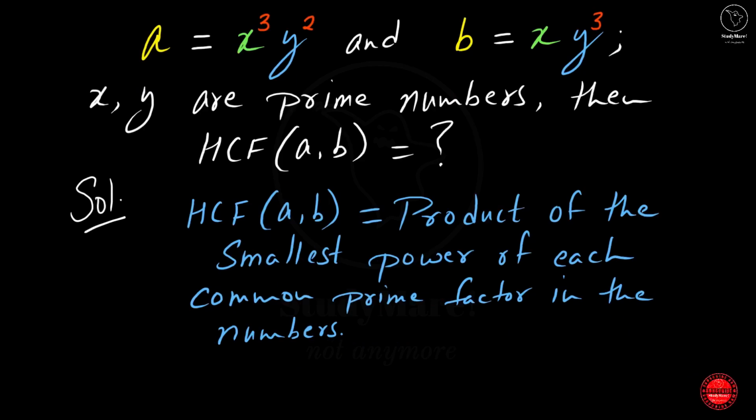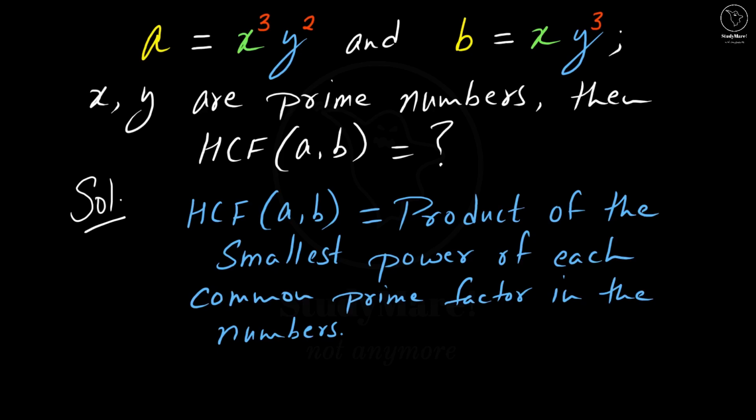HCF of any two numbers a and b is equal to the product of the smallest power of each common prime factor in the numbers. This you have to memorize, you have to remember, and this is the rule that we are going to use to solve this question.